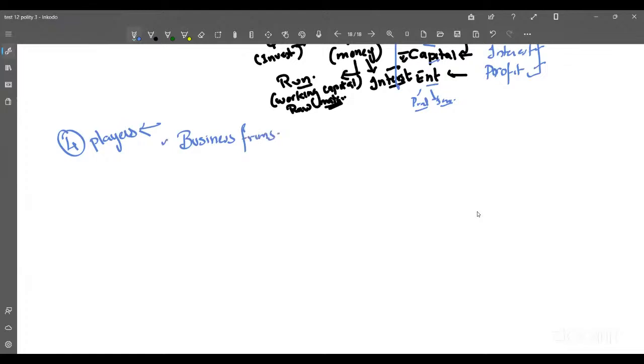All those firms which are involved in the chain of business. It could be production, transportation, or distribution. So business firm is a broader term used to include all the stages of a business.